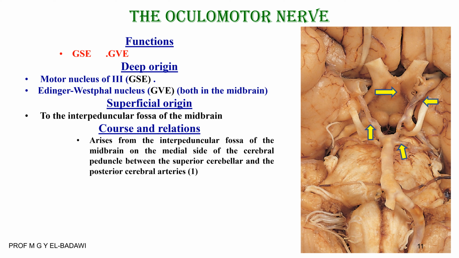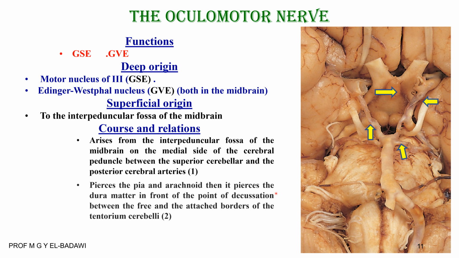You can see the nerve between both of them, and the nerve can be entrapped between these two arteries. So it's an important part of its course between the posterior cerebral and the superior cerebellar artery.